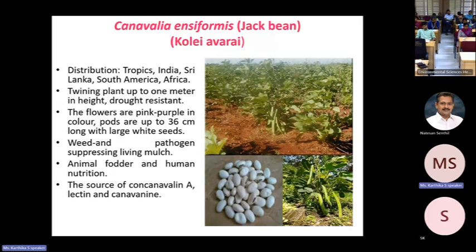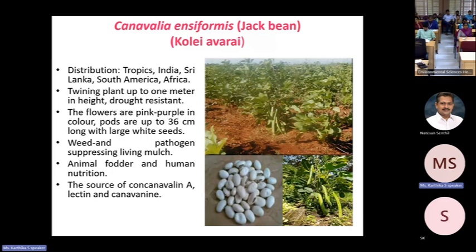How are you thinking about Petrosia purpurea and Crotalaria? Likewise, living mulch, green mulch. Drought tolerant, water efficient. Then animal fodder and human nutrition.